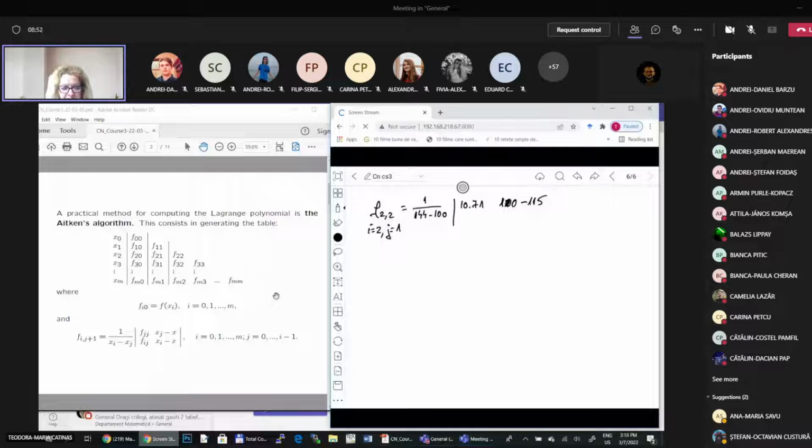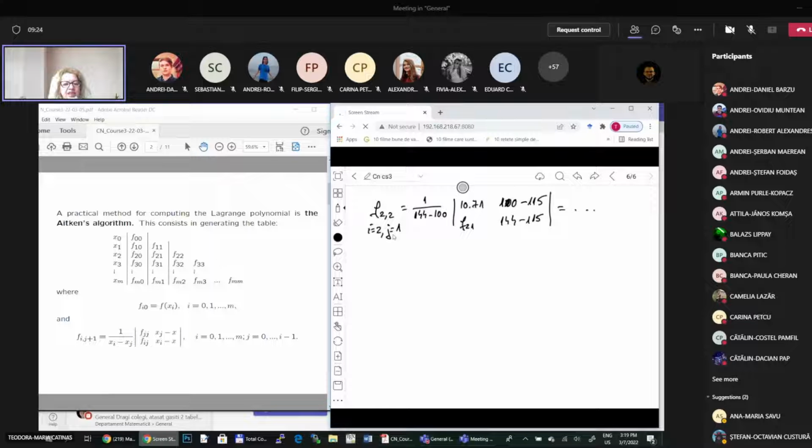Then for the second line, we have F21 that should be previously computed, and then we have xi, which is 144 minus 115. And you will see that after you compute this value, you will get a better approximation than the previous one, than F11.